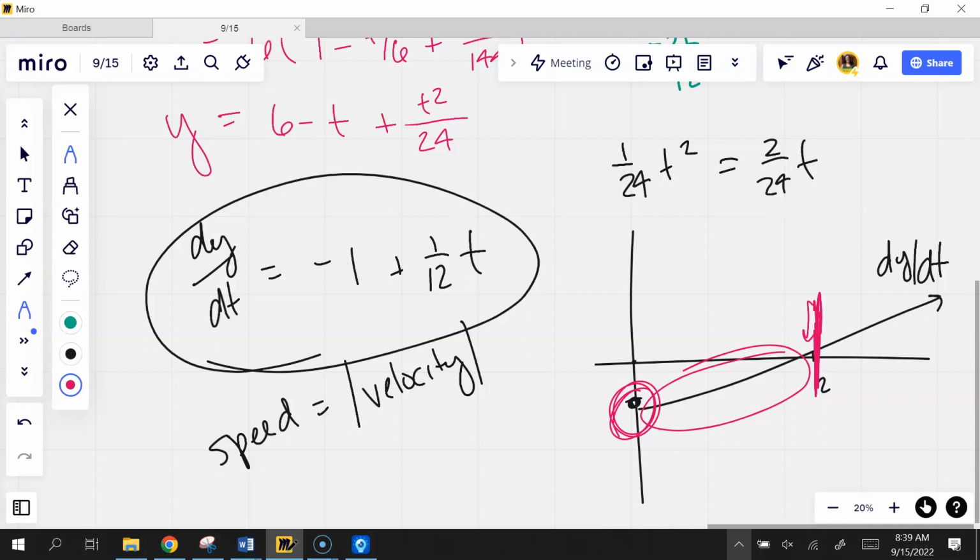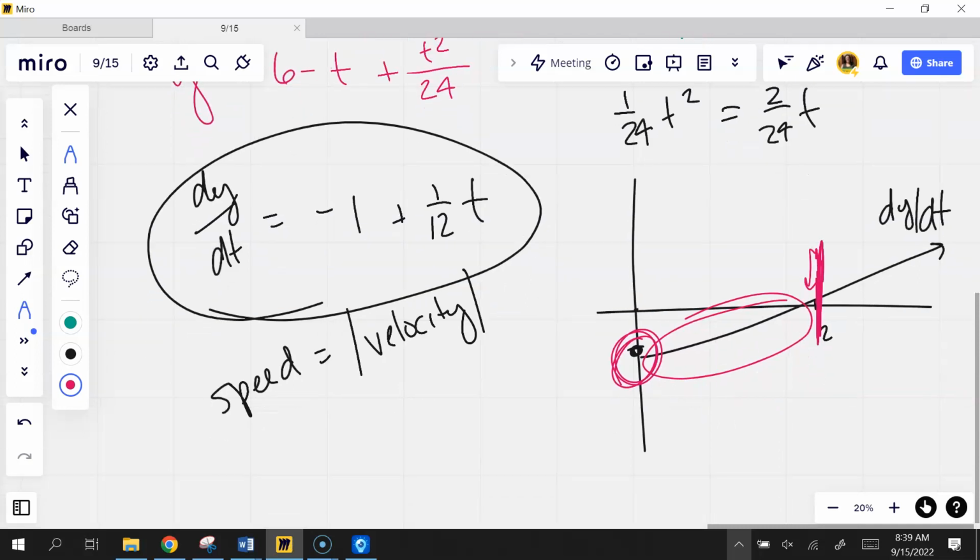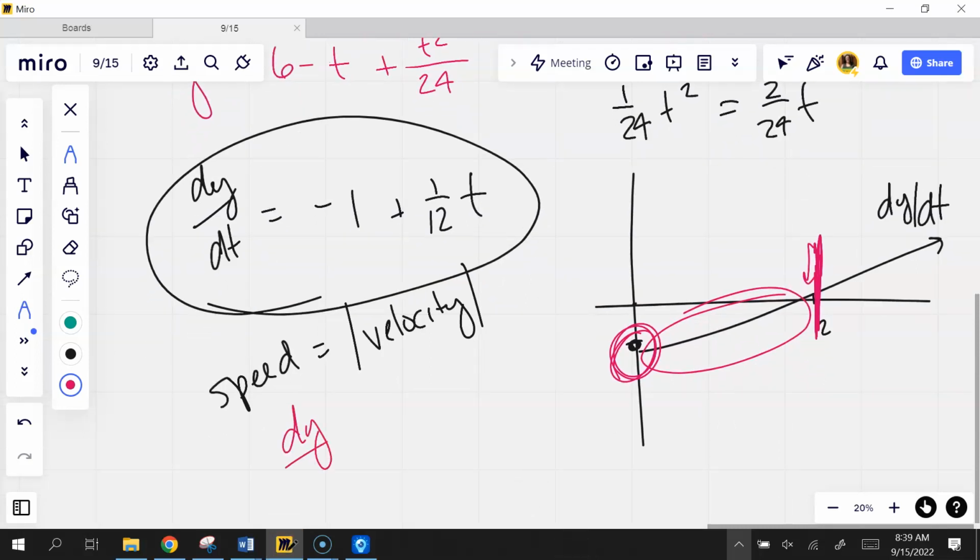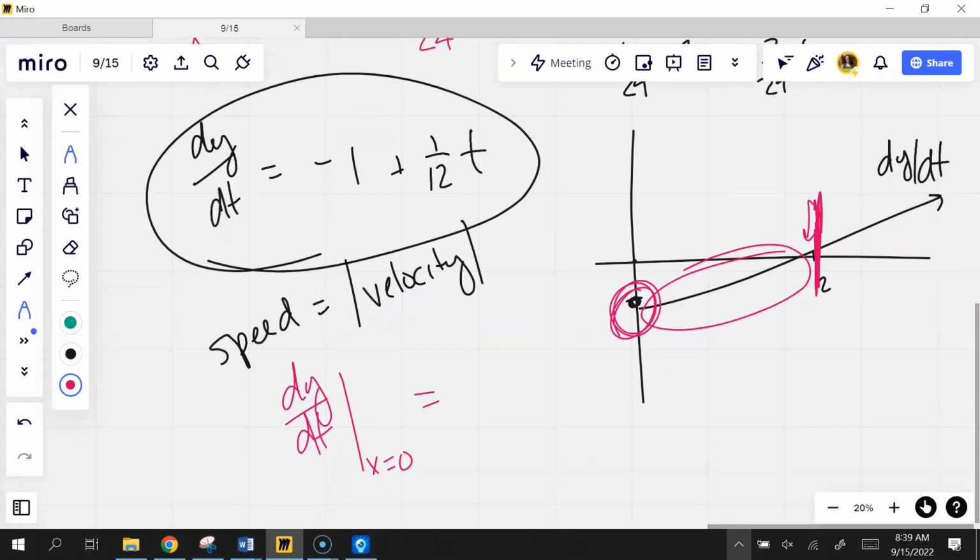And what are the values of the derivative at this time? So what is dy/dt when x is 0? -1. -1 what? What are my units? Meters per hour. How about at 12?